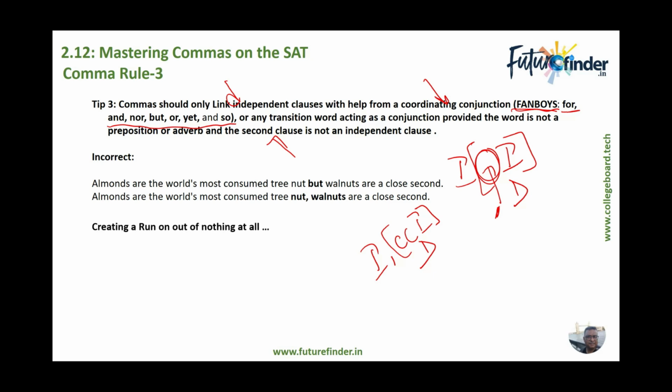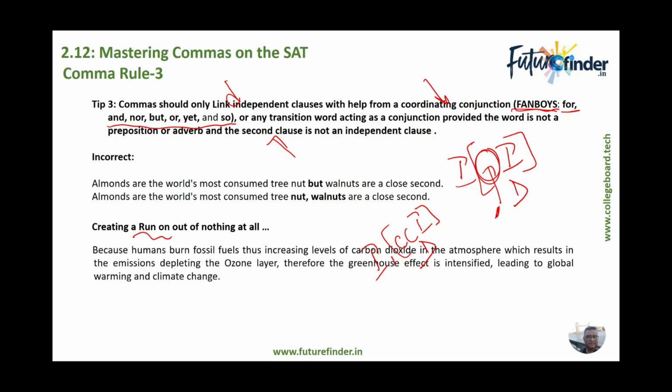Okay. Now there are certain sentences in English which we would call run-on, or which are improperly written or improperly punctuated. So let us take the example of one such run-on. Let's look at this. Because humans burn fossils, thus increasing levels of carbon dioxide in the atmosphere, which results in the emission depleting the ozone layer.